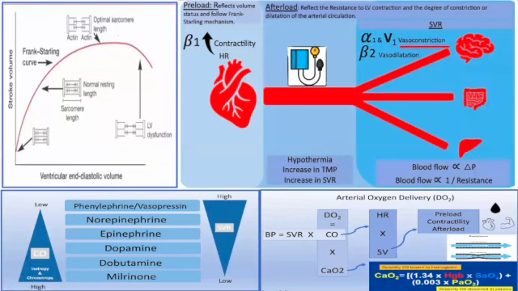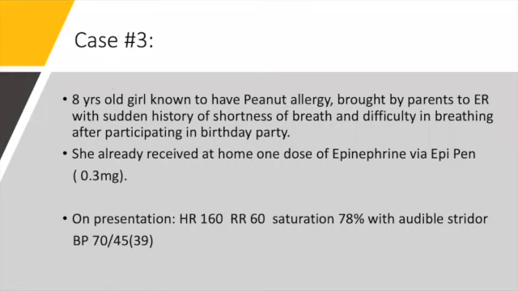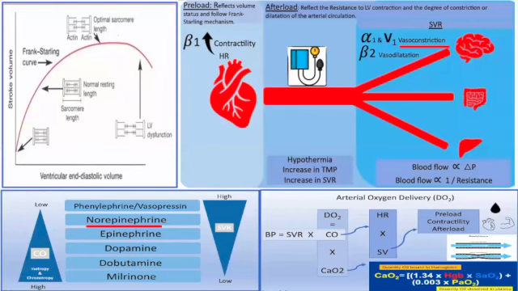If you need more effect, or more improvement in your cardiac output and systemic blood pressure, then you can proceed with epinephrine. But norepinephrine is usually the first line in traumatic brain injury.